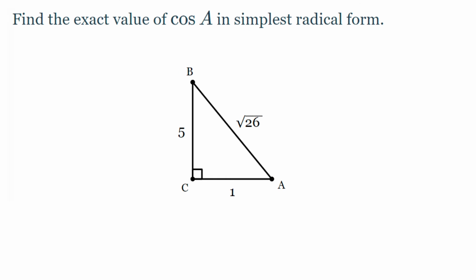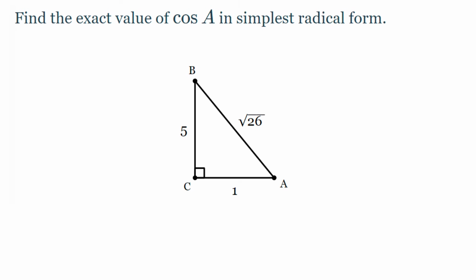So if we're finding the cosine of A, again, first we need to orient ourselves. We are going from angle A. So cosine is adjacent, which is 1, over the hypotenuse, which is the square root of 26.